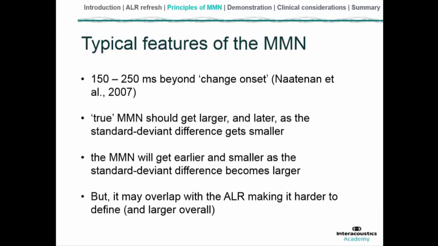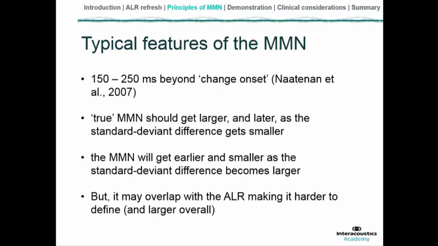But secondly, of course, if the probability of the deviant increases, then there'll be fewer and fewer standards, so the memory trace to the standard will be reinforced less often. And then the deviant itself will start to develop its own lingering memory trace the more frequently it occurs. So the more infrequent the deviant occurs, the larger the MMN.